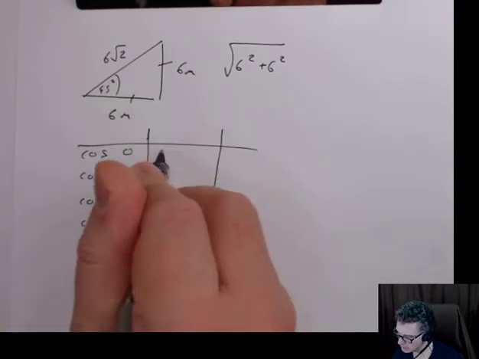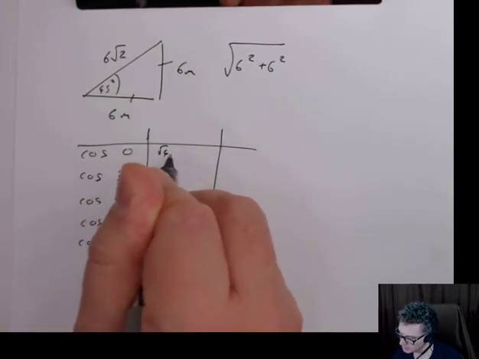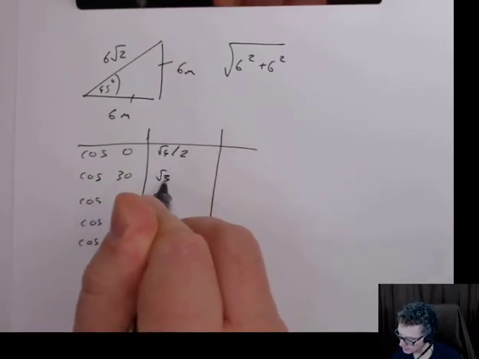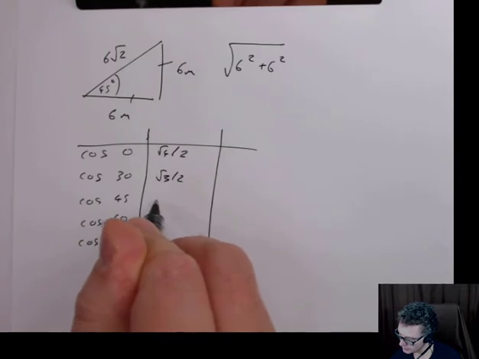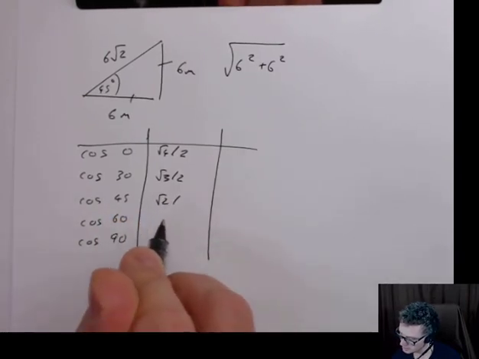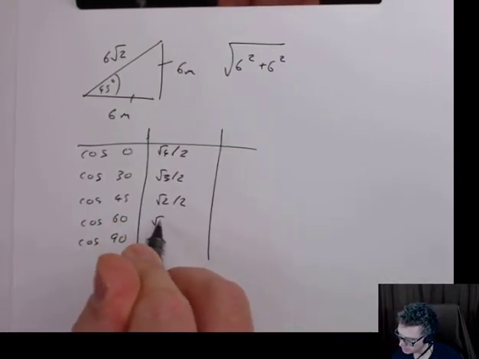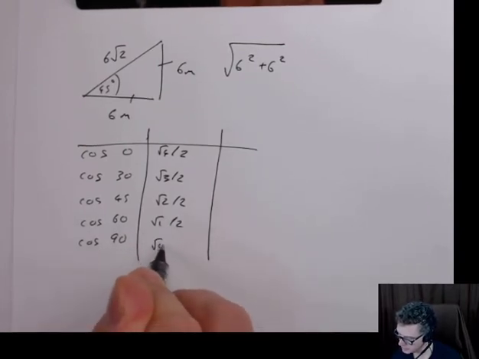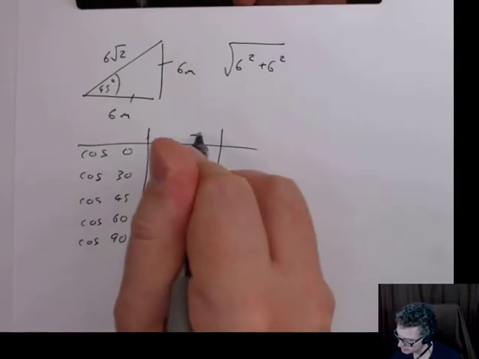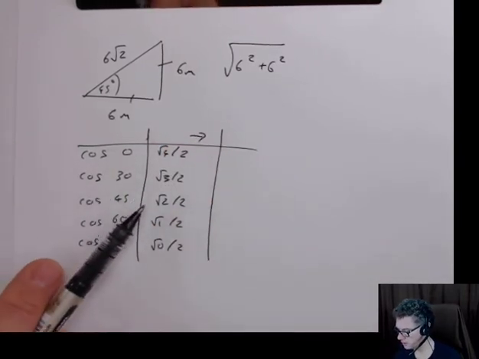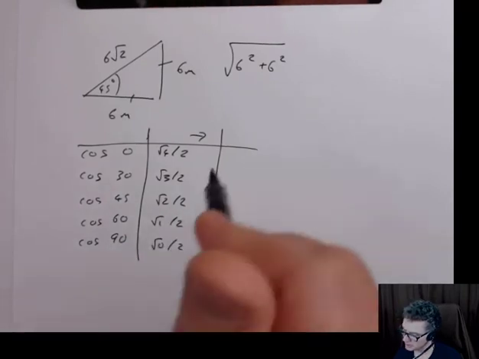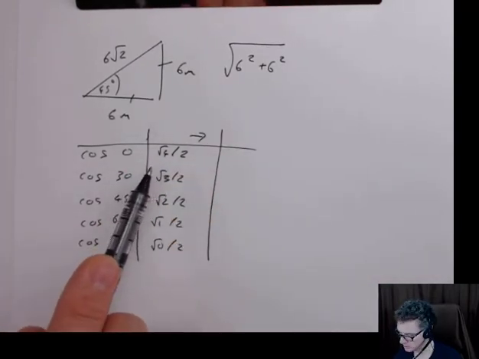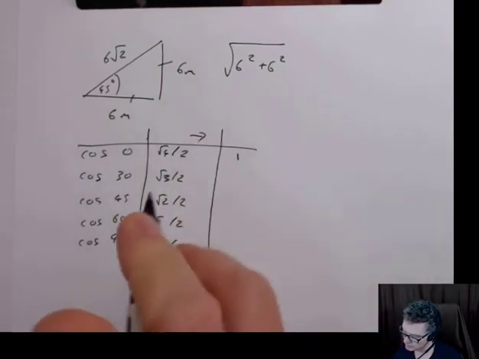So cos 0, the way I remember that is root 4 over 2, cos 30 root 3 over 2, cos 45 root 2 over 2, cos 60 root 1 over 2, and cos 90 root 0 over 2. So I'm seeing root 4, root 3, root 2, root 1, root 0, and then saying, well, what does that really mean? Root 4 is 2, so 2 over 2 is going to be 1.